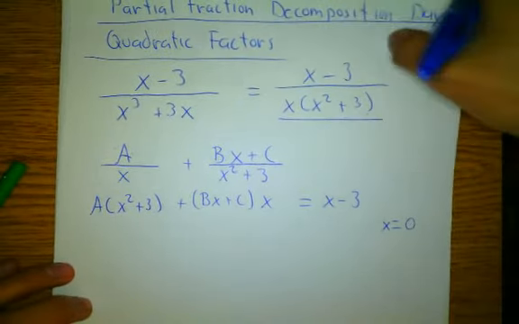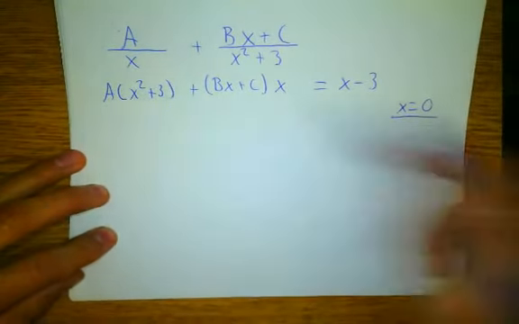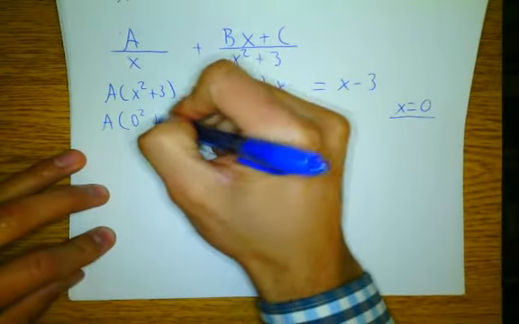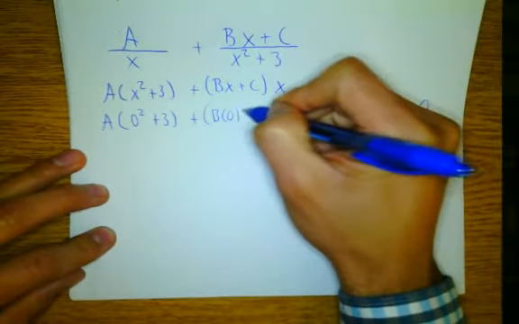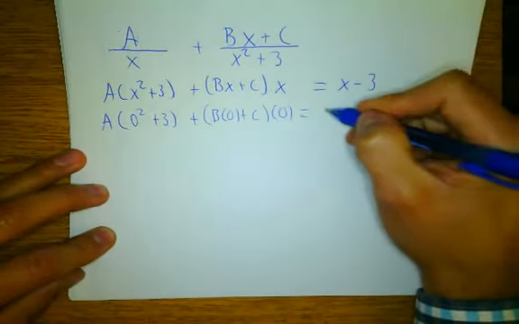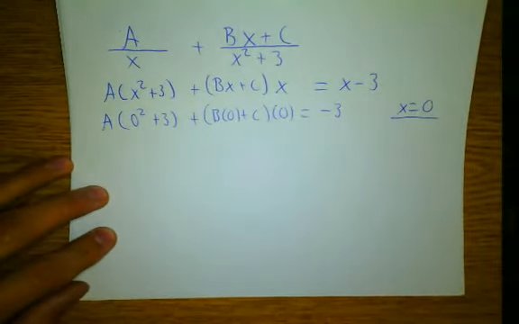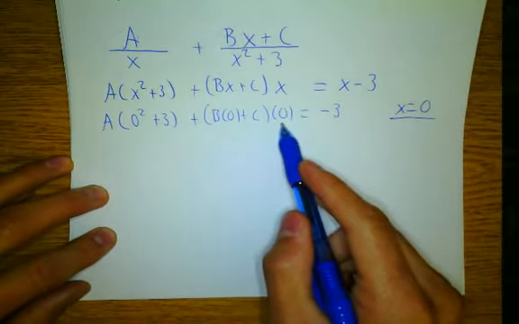Okay? So what that means is that I'm going to plug in 0 for every x here. A times 0 squared plus 3 plus b times 0 plus c times 0 equals 0 minus 3, which is negative 3. Agreed? Okay. When I look at this expression, this times 0 is 0.